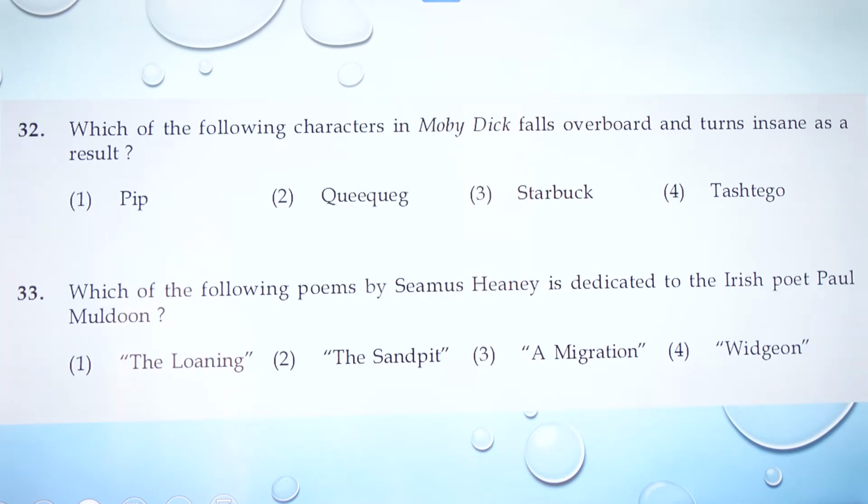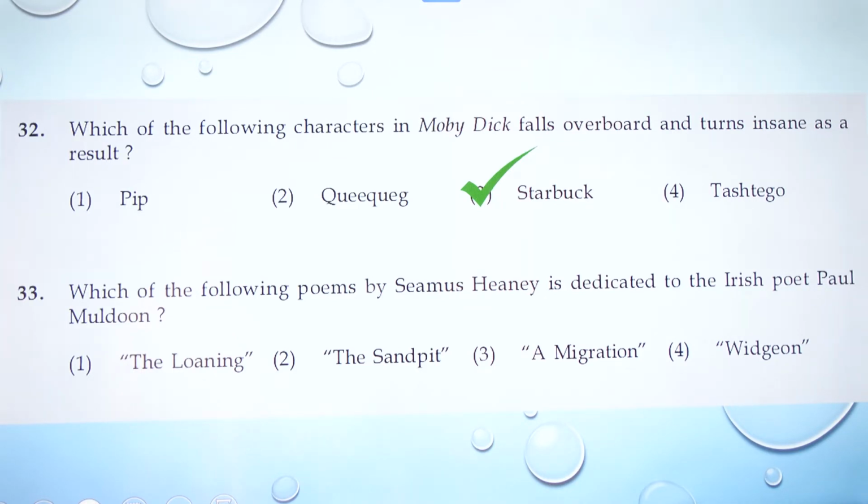Question number 32. Which of the following characters in Moby Dick falls overboard and turns insane as a result? Number 1, Pip, number 2, Queequeg, number 3, Starbuck, and number 4, Tashtego. And the correct option is number 1, Pip. 33. Which of the following poems by Seamus Heaney is dedicated to the Irish poet Paul Muldoon?